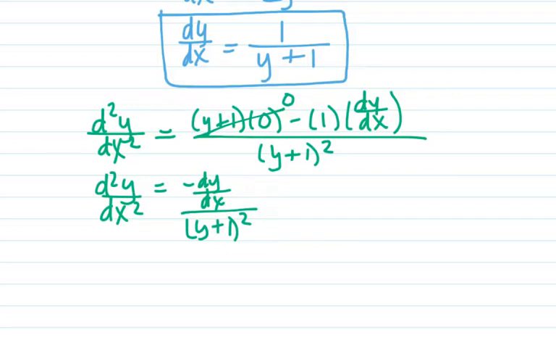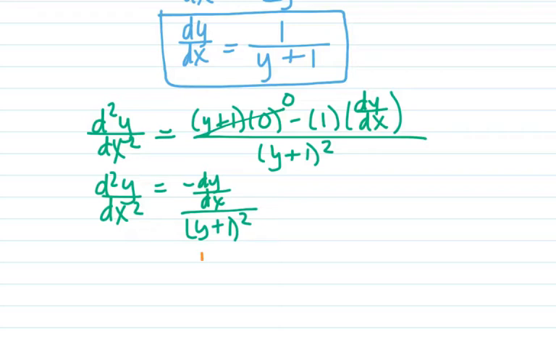It's not very useful to have a derivative where another derivative is part of that. It's a lot of extra work. So we can go ahead and substitute in what we solved for previously, which was 1 over y plus 1. So we're going to plug that in the next step.